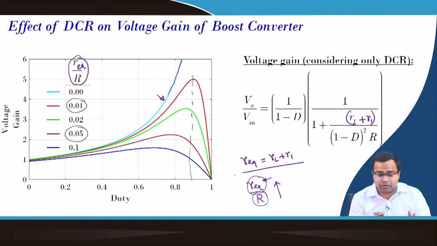So, in a boost converter, the practical voltage gain is limited by this parasitic drop, which is primarily due to the drop of the on state resistance for a synchronous boost converter. For a conventional boost converter, it will also be a function of diode drop. Okay.